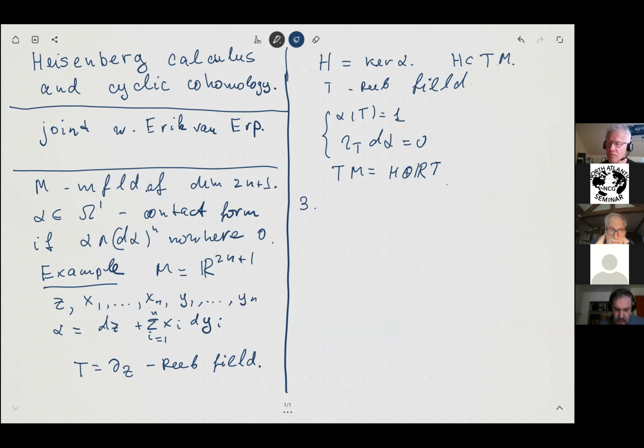So non-integrability can be seen as follows.